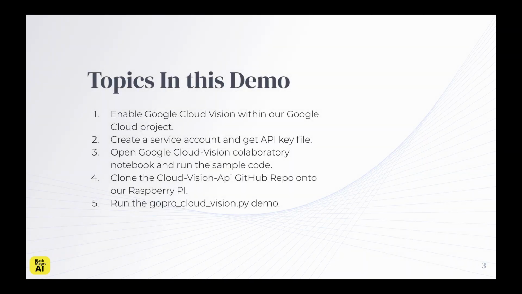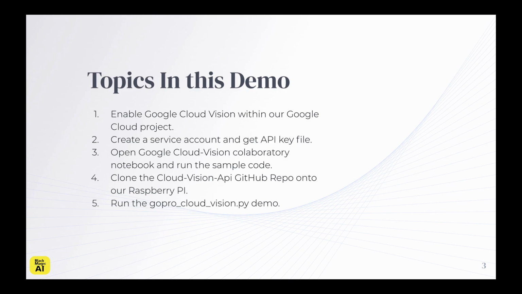The topics in this demo are: we will enable Google Cloud Vision API within our Google Cloud project, and we will create a service account and get an API key. Then we'll open our Google Cloud Vision Colaboratory notebook and run the sample code. I already have a Colaboratory notebook with the sample code already written that you can use and reference in your own projects.